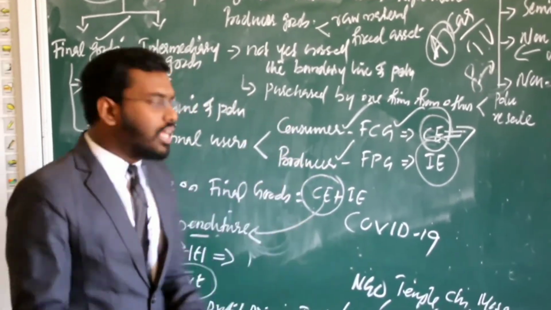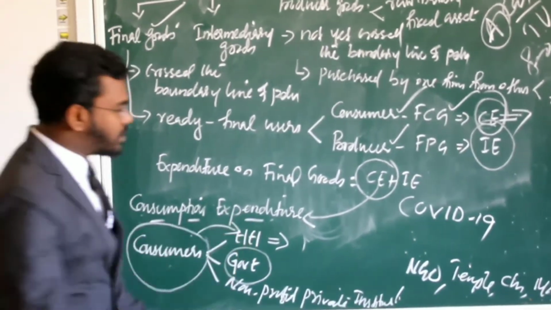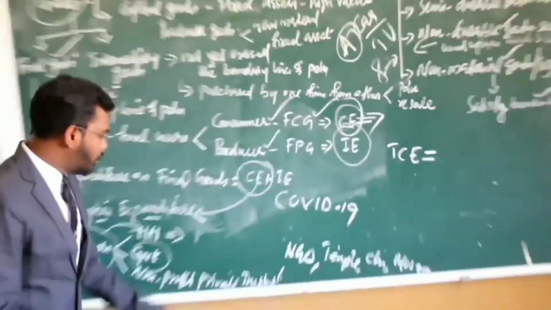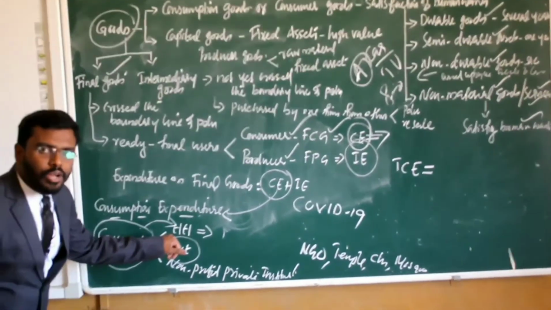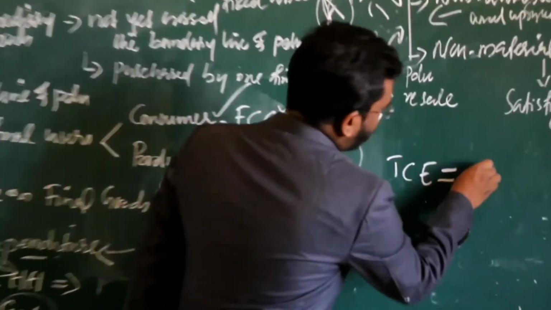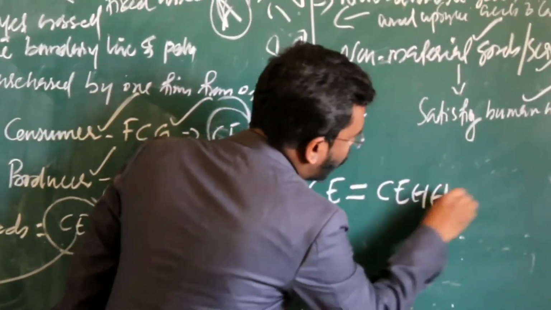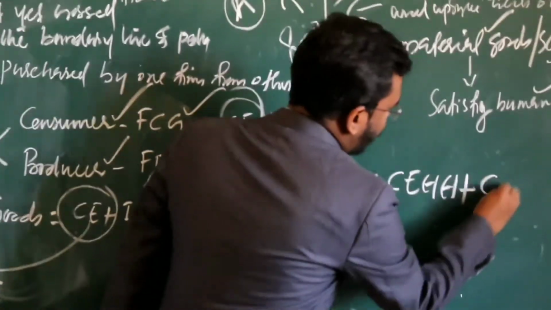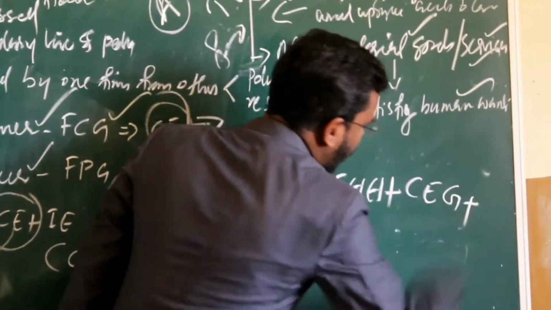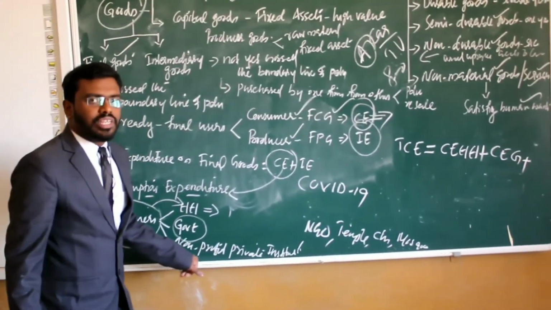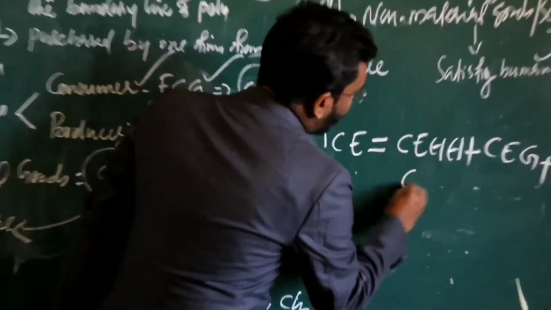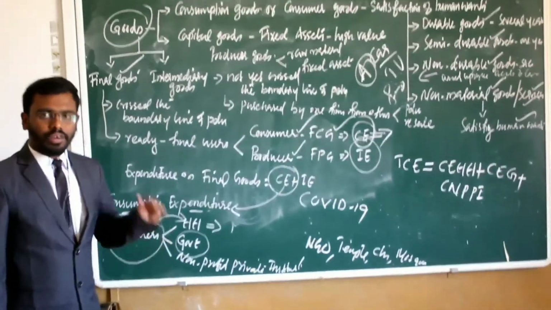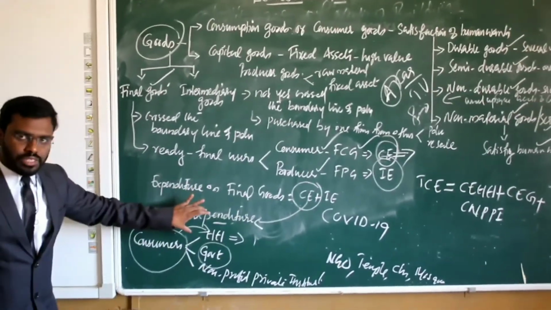So simply, total consumption expenditure is equal to consumption expenditure made by household plus consumption expenditure made by government plus consumption expenditure made by non-profit private institution. Understood? That is consumption expenditure.